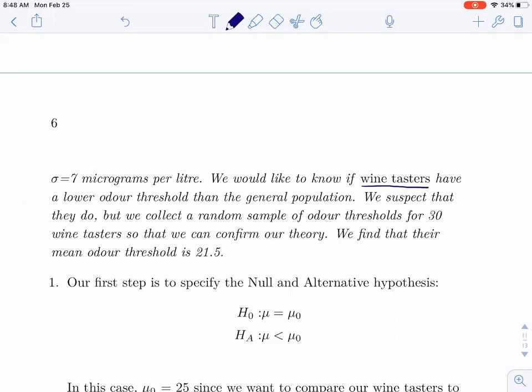Okay. And so here again, we've got these wine tasters making up our sample. So we find that their mean odor threshold is 21.5. 21.5, that's your sample mean.